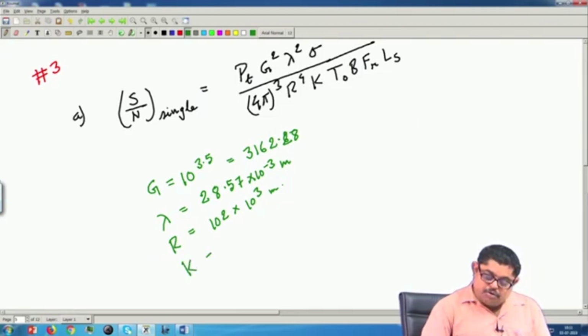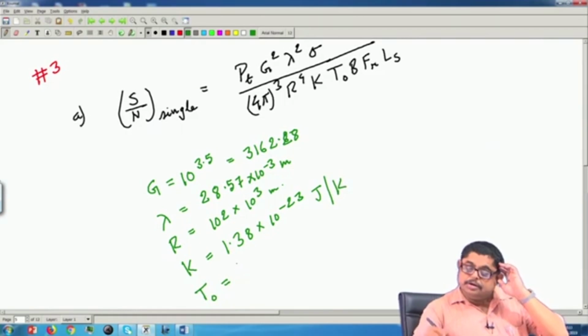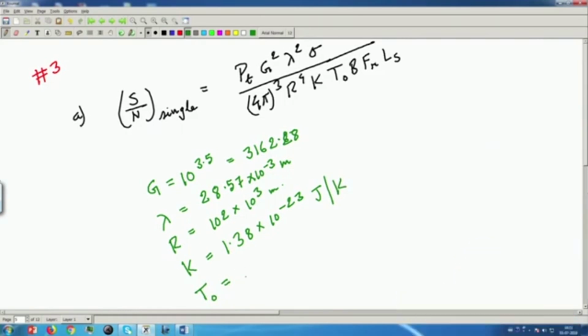K, I think you know, K is Boltzmann constant 1.38 into 10 to the power minus 23 joule per Kelvin. Then T naught is the reference temperature for noise calculations, that is 290 K. Then B: in this case B is not said.